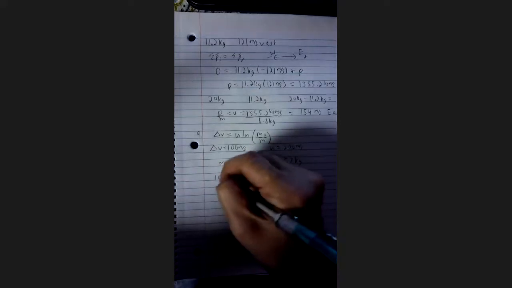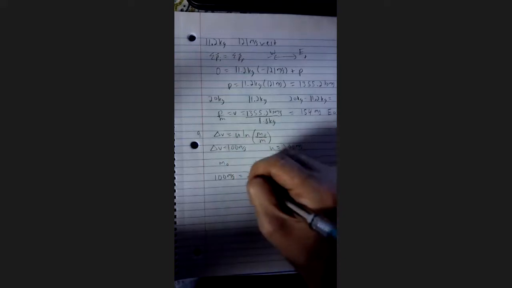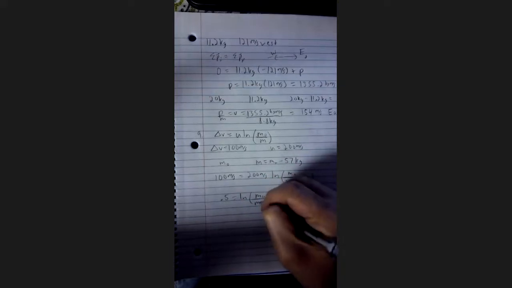So if we put this together, 100 meters per second equals 200 meters per second times the natural log of our initial mass divided by our initial mass minus 57 kilograms. Okay, well, we can get this by itself. If we divide 100 by 200, we get 0.5. So 0.5 is equal to the natural log of this thing.